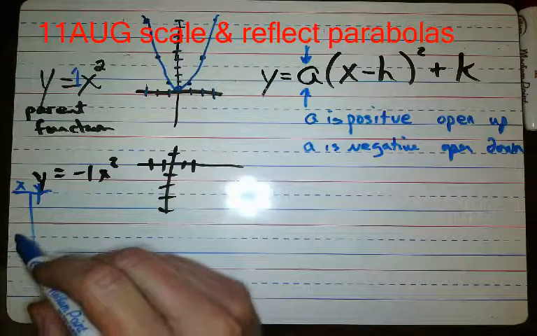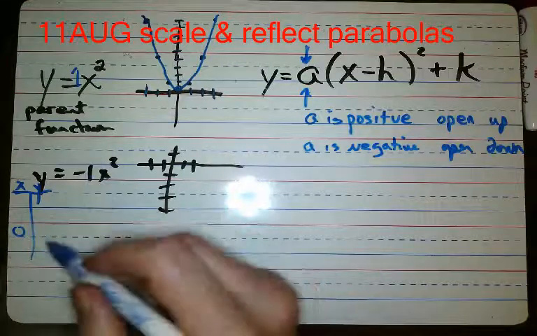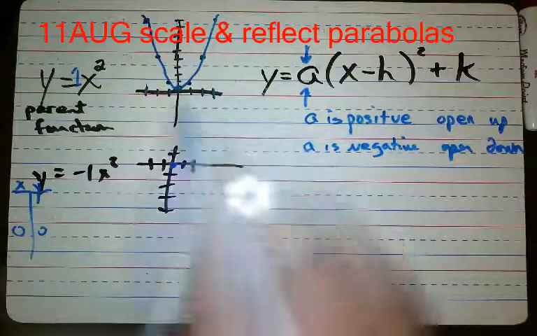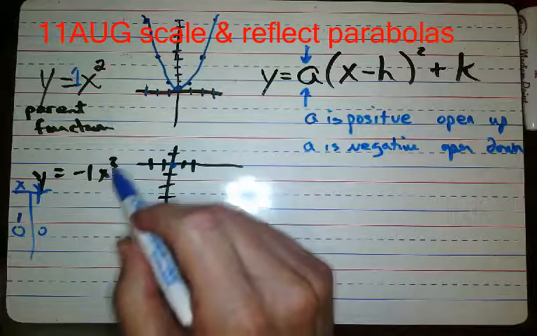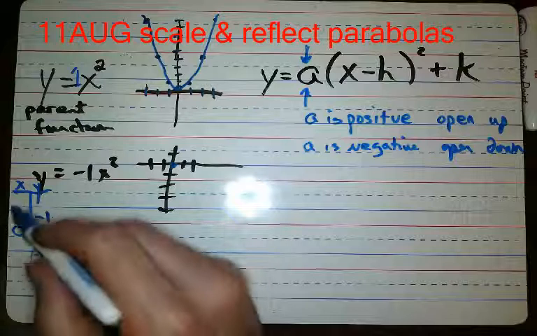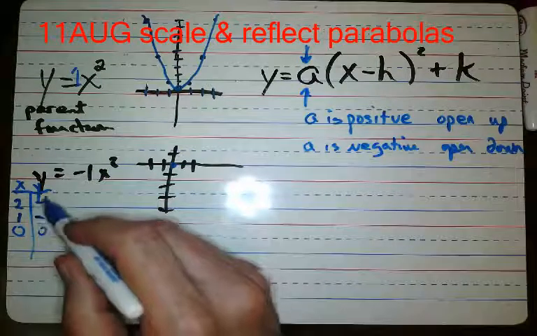If I pick x equals 0, 0 squared is 0, and anything times 0 is 0, so it starts in the same place as that one. But now if I pick 1, 1 squared is 1 times negative 1, so that goes upside down. What if I pick 2? 2 squared is 4, and 4 times negative 1 is negative 4.